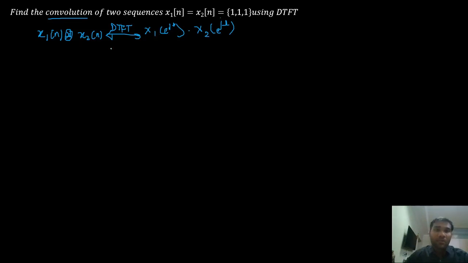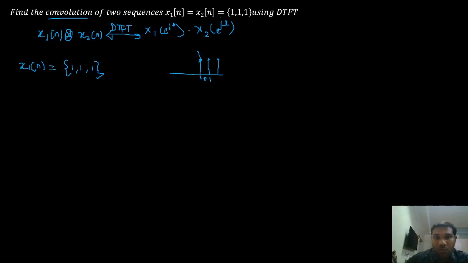Now my x1 of n is 1 1 1. At n equals 0, there is no arrow specified here, so the first term indicates the n equals 0 term. So the values are at n equals 0, n equals 1, and n equals 2.